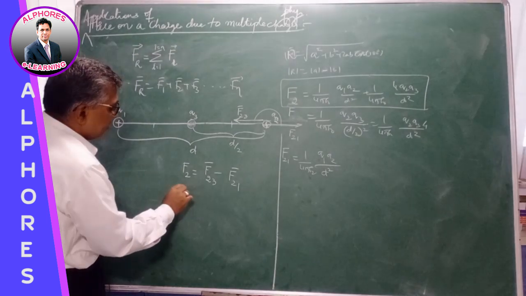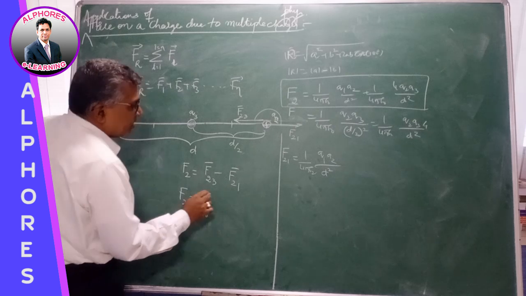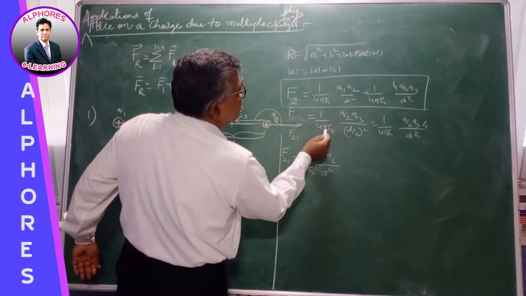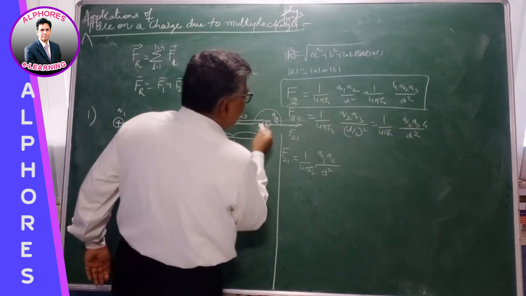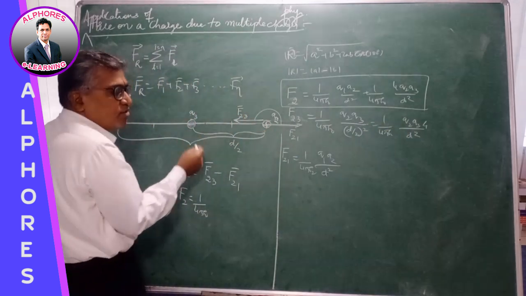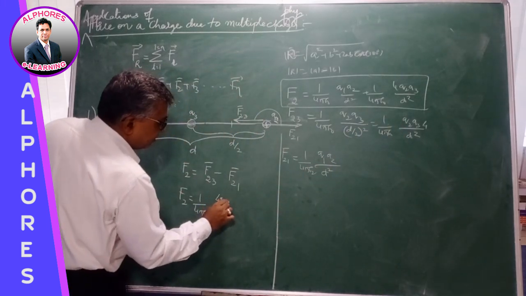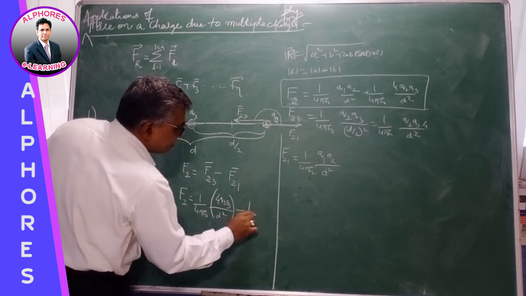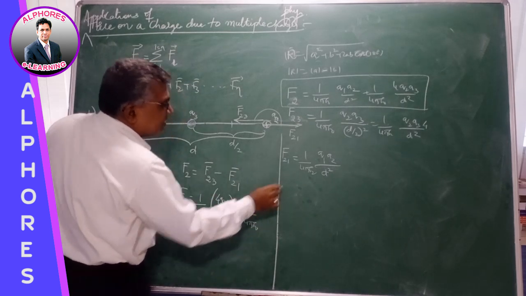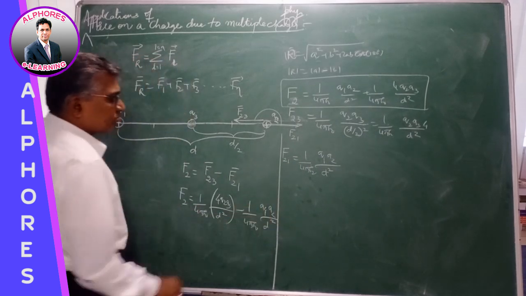So the force on the second charge is equal to 1 by 4 pi epsilon naught, the magnitude of the force on the second due to the third, Q2 Q3 by d square, minus 1 by 4 pi epsilon naught, this one, Q1 Q2 by d square. The magnitude remains the same because the distance is the same and the magnitude of the charge is the same.